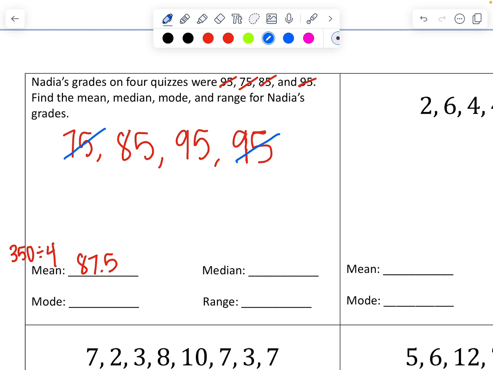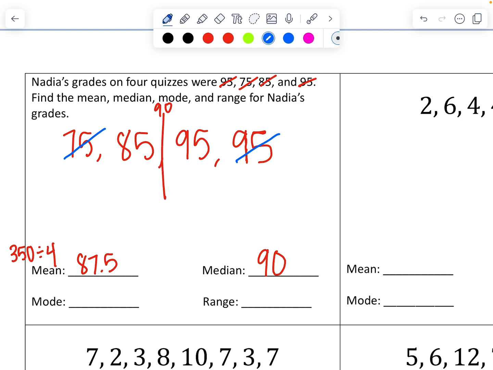So if you don't need a calculator and you can already tell me that, then perfect. But if you're not sure, add 95 plus 85 and then divide by 2, and you should get 90. Okay, so our median would be 90. We want it exactly in the middle.